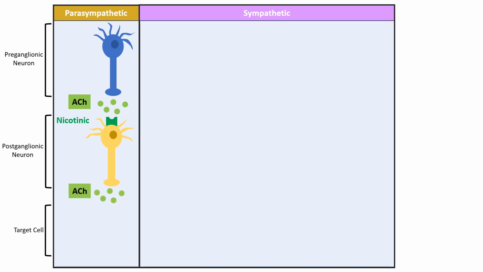But out in the body, the receptors for this acetylcholine, the receptors found on our target cell, this is going to be a muscarinic receptor. So in the parasympathetic division, our preganglionic neuron always releases acetylcholine, and our postganglionic neuron always has a nicotinic receptor that's going to interact with that. And our postganglionic neuron is always going to release acetylcholine, and the target out in the body is always going to have a muscarinic receptor that's going to interact with that acetylcholine.